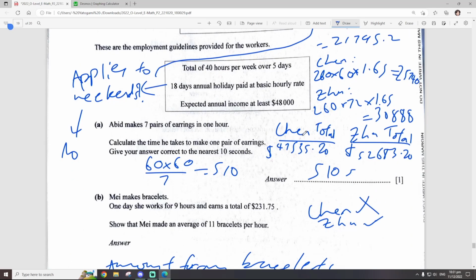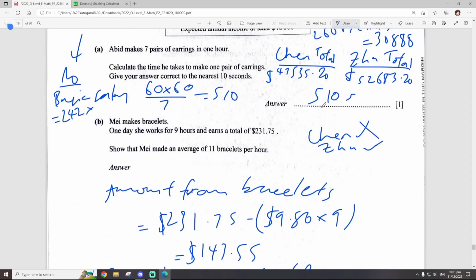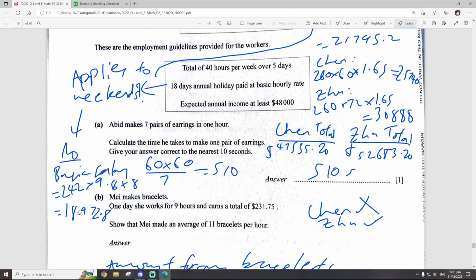If your answer is no, then the basic salary is only 242 working days times 9.8 times 8, which is 18972.8. Okay, sorry, no, your basic salary is 260. You still get 260 days worth of pay, even though you're only working 242 days.